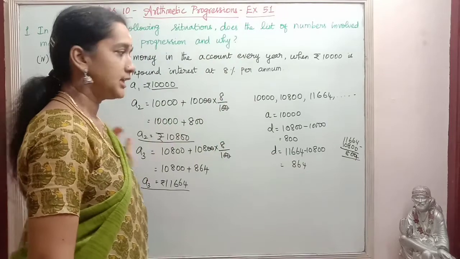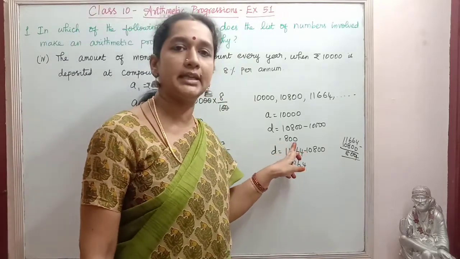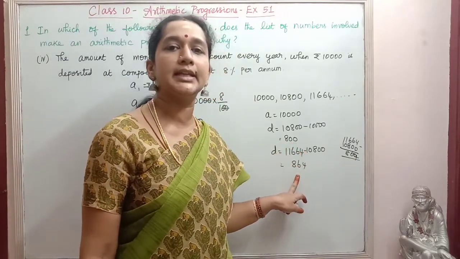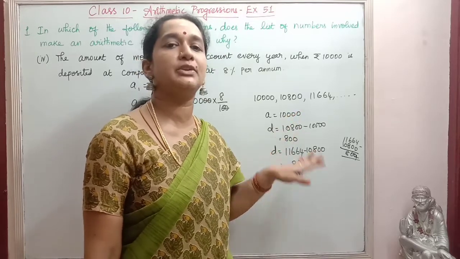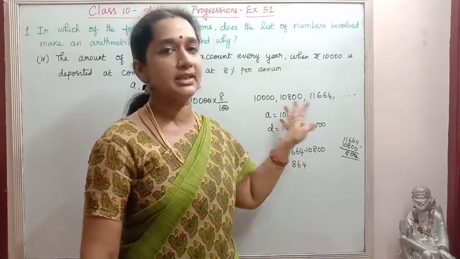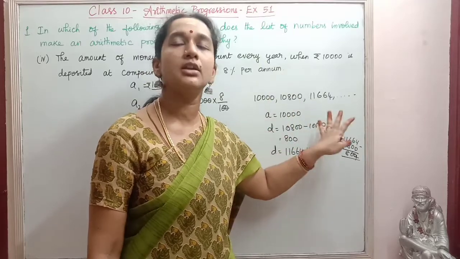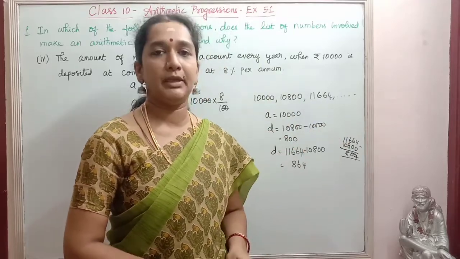So the first difference we are getting is 800 and the next one is 864. Since the differences are not the same, the given list we got is not in AP.